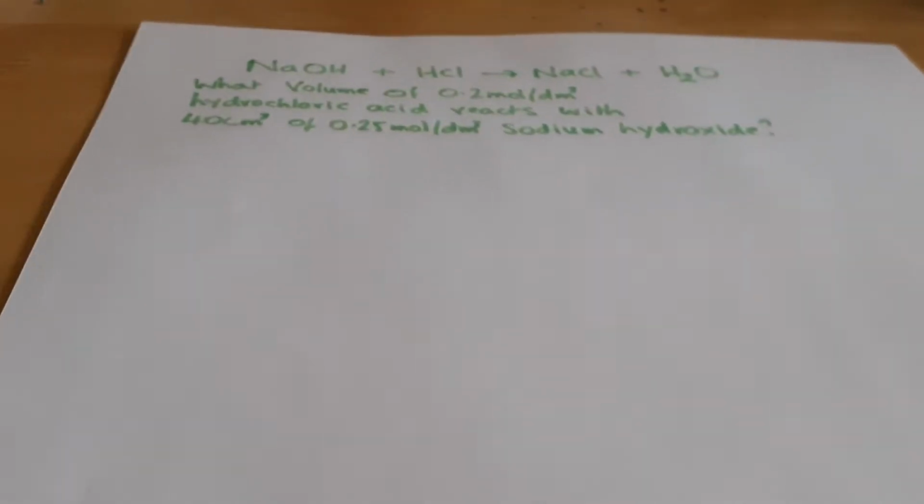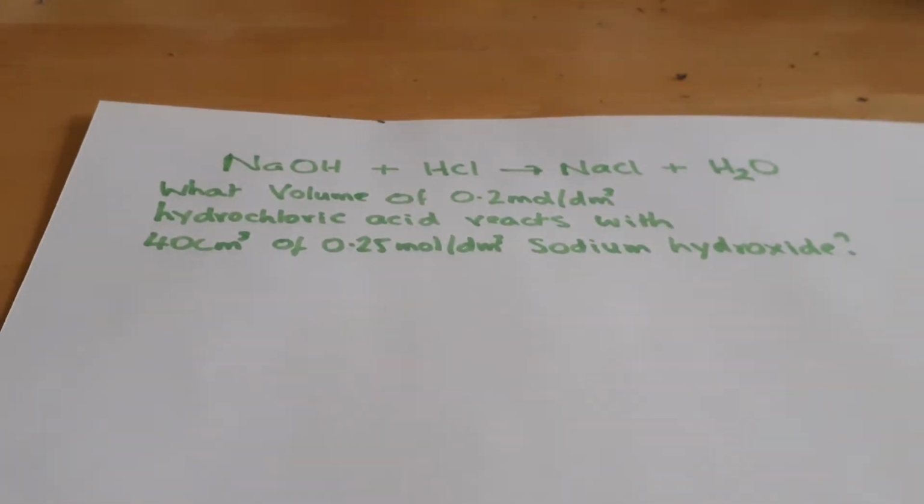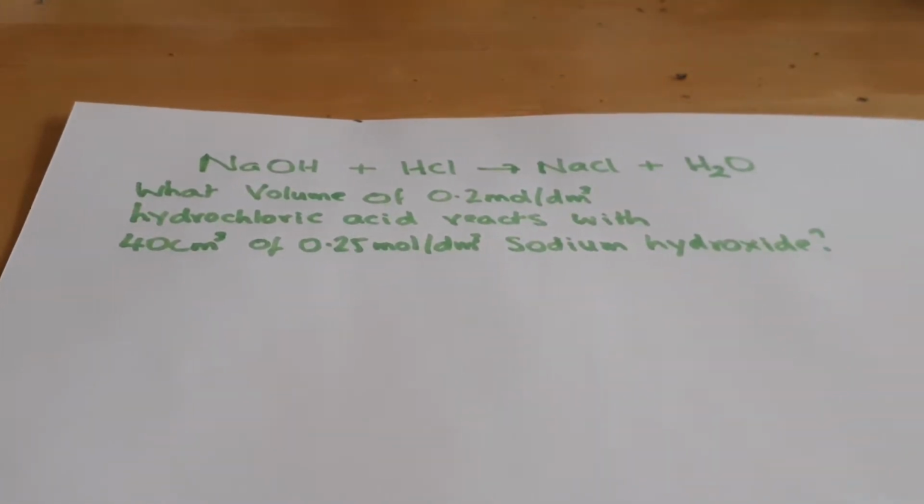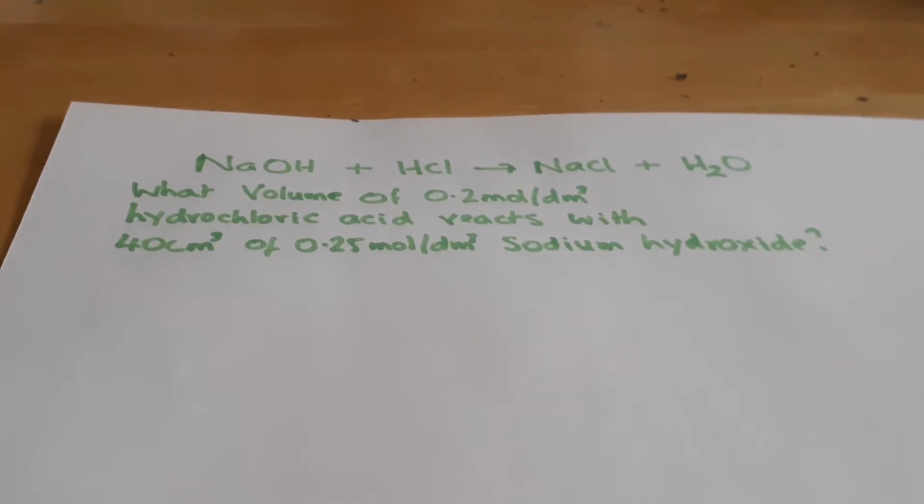Here we have sodium hydroxide reacting with hydrochloric acid to form sodium chloride and water. The question is asking what volume of 0.2 mole per decimeter cube hydrochloric acid, that's the concentration, will react with 40 centimeter cube of 0.25 mole per decimeter cube sodium hydroxide.